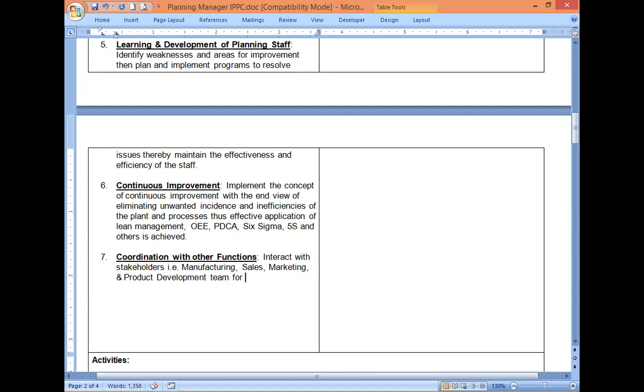Okay, development team for daily production volume, right? Talking about volume for production and various SKU. I think you know SKU already, right? Stock keeping unit. I'll write it here so that everybody understands. There are also other guys who still don't understand this, so I'm going to write it here.